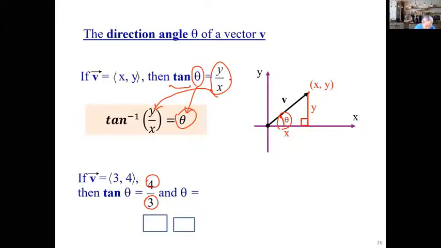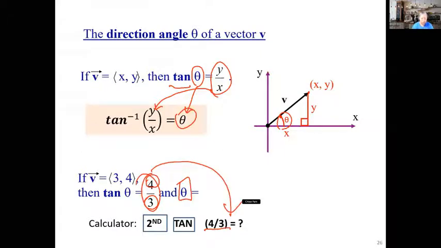Then to find the angle measure with your calculator, you hit the second key and tangent, and you get tangent inverse or arctangent, right? Then you input 4 over 3 as the ratio. You can test your calculator with the right setting right now, and you're supposed to get 53.13 degrees. If you get that approximation, you're good to go. Okay, any question?